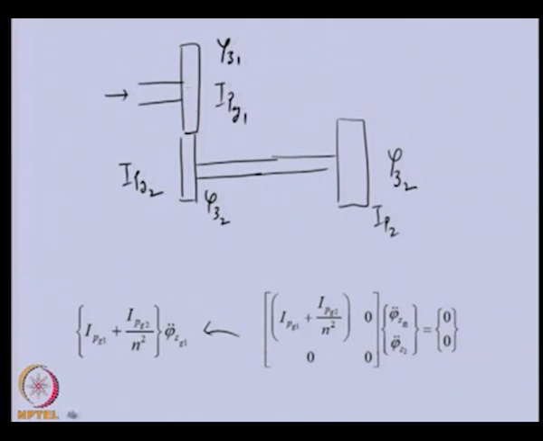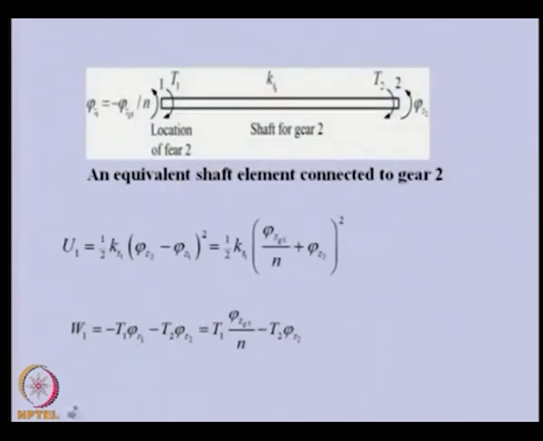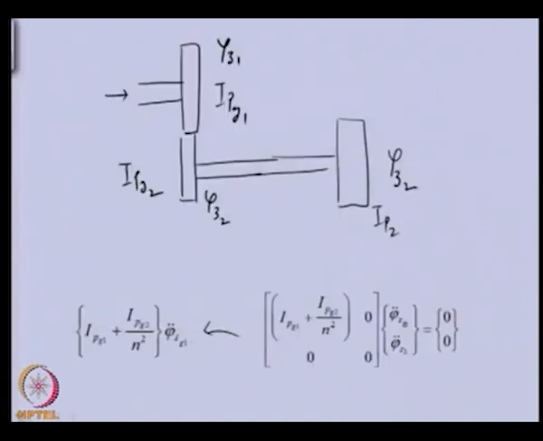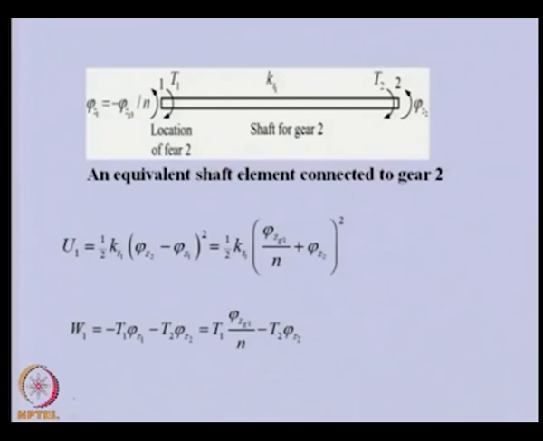Now, we will see the strain energy stored in the shaft. This particular shaft is the second shaft, and we are trying to see what is the strain energy stored in this, and what is the work done by the torque at the ends. You can see this is the shaft, let us say this is node 1 and this is node 2.